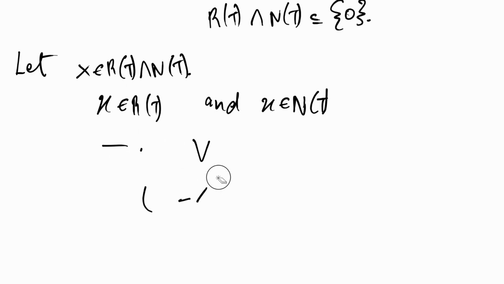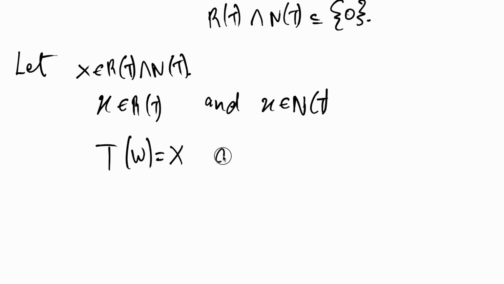So X being in RT can be written as: there exists some element W such that TW is equal to X. I'm going to remove the quantifier just to make things simpler.